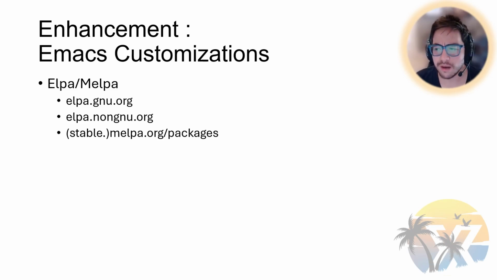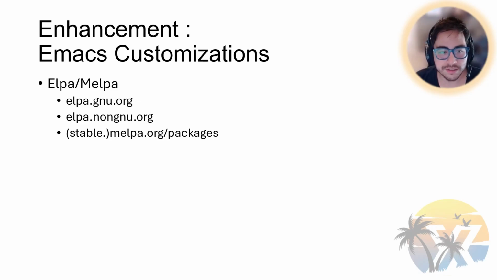This provides a broader selection than ELPA does, and it's become a widely used resource for extending Emacs. Like ELPA, it's accessible by adding its URL to the package archives list in your Emacs configuration.